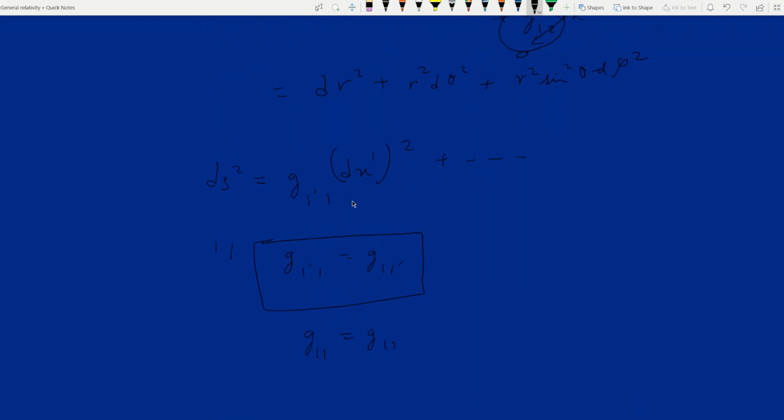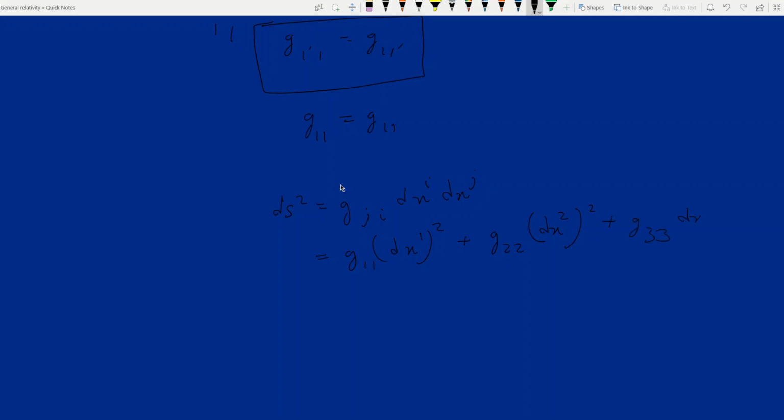So if we write our infinitesimal length as g of ji dxi dxj, it really doesn't change anything, because we know that j's and i's are summed over, so this becomes g of 1 1 dx1 squared plus g of 2 2 dx2 squared plus g of 3 3 dx3 squared.